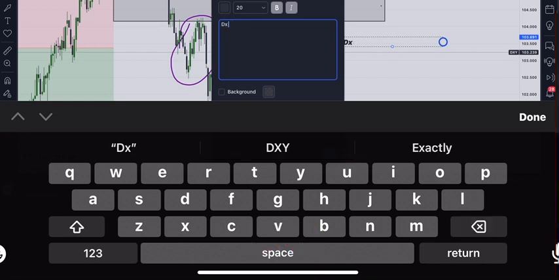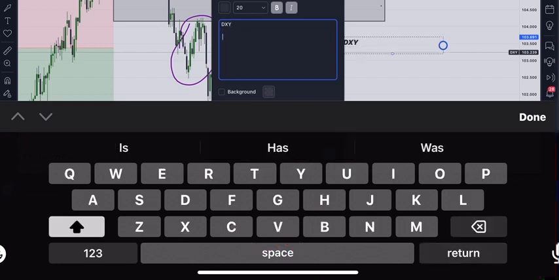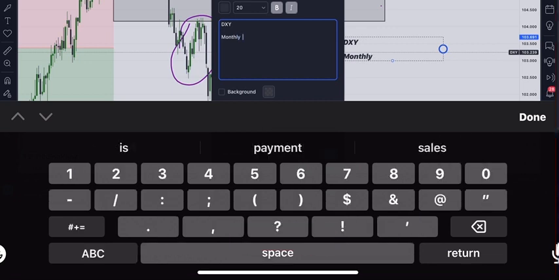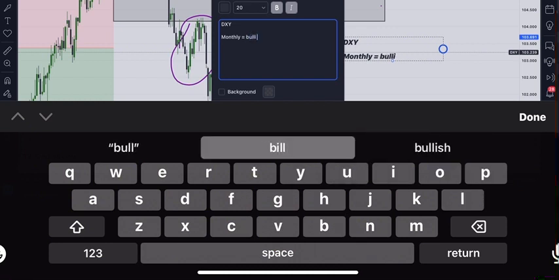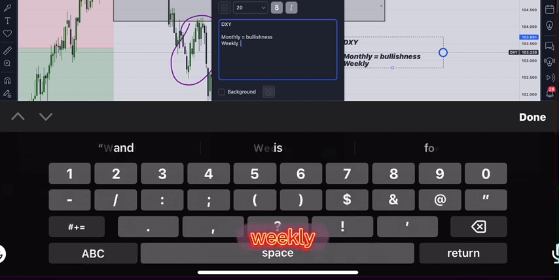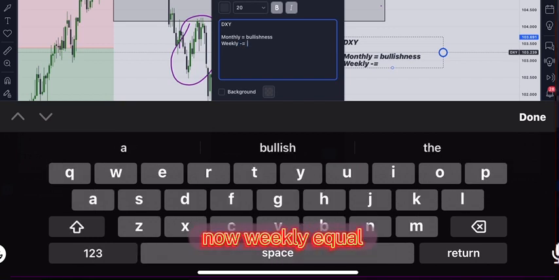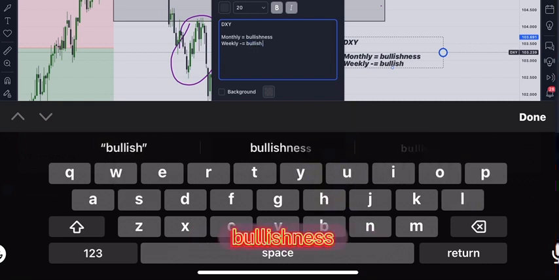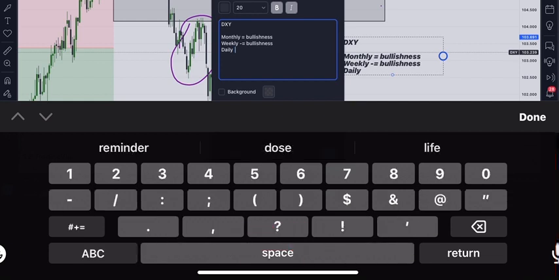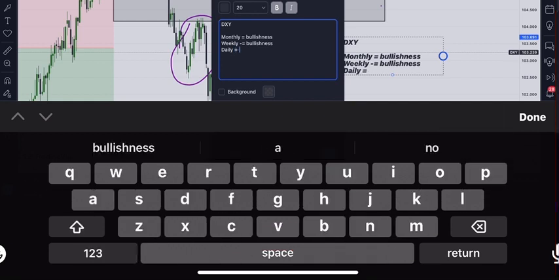DXY monthly equals bullishness, weekly equals bullishness, daily equals bearishness.